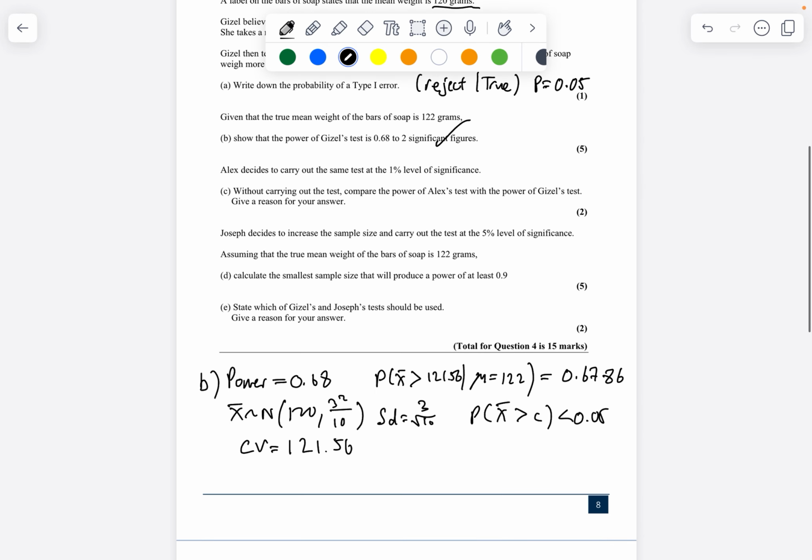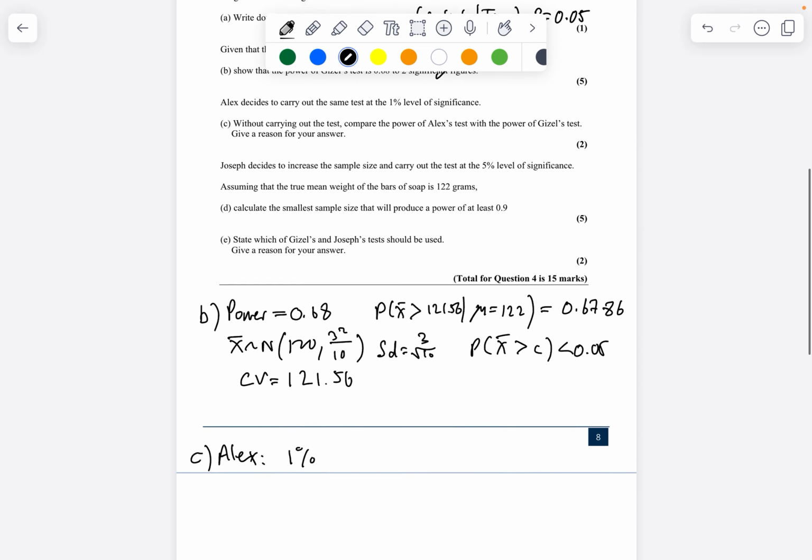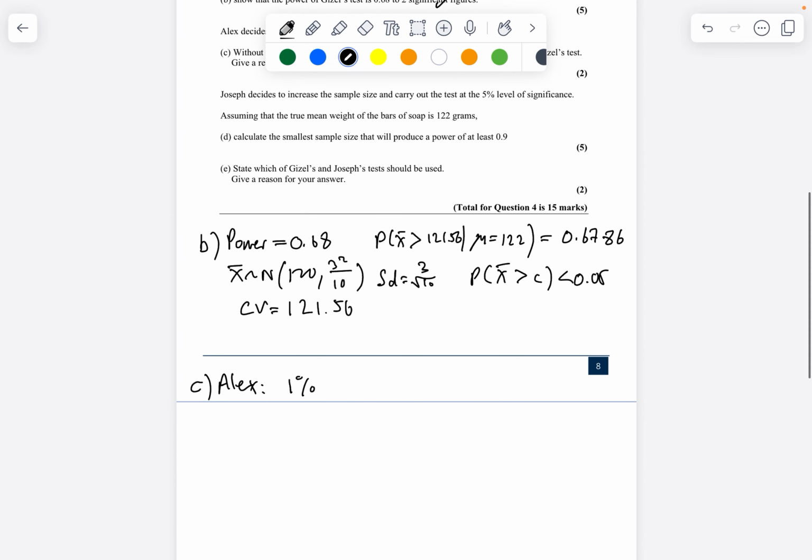Now, I want C. So Alex decides to carry out the same test at the 1% significance level. And without carrying out the test, compare the power of Alex and Giselle's test. Okay, well, Giselle's test was at the 5% significance, and Alex's test is at the 1% significance.